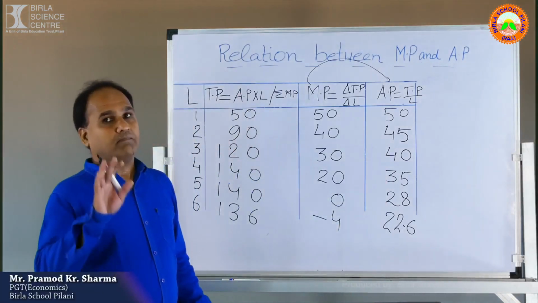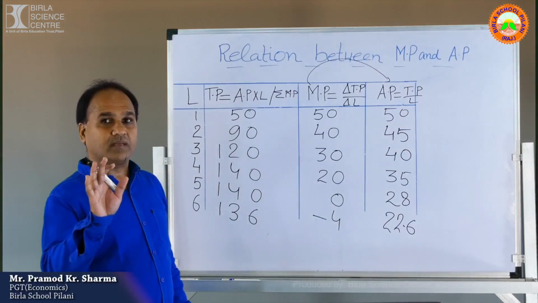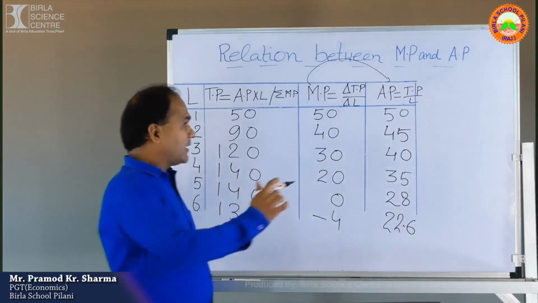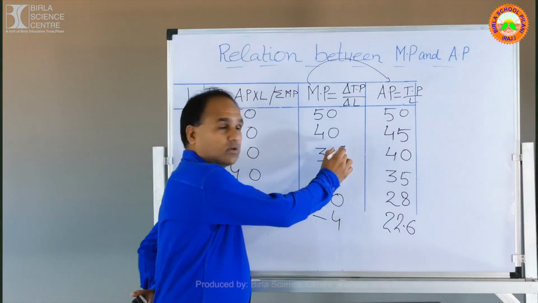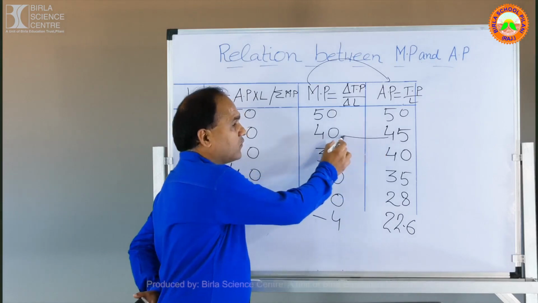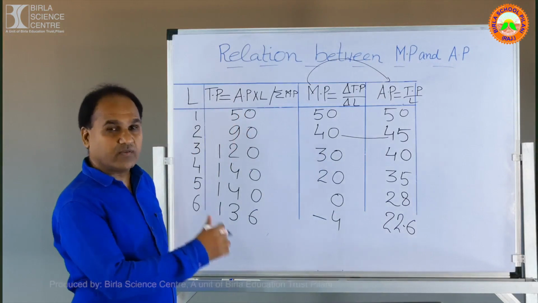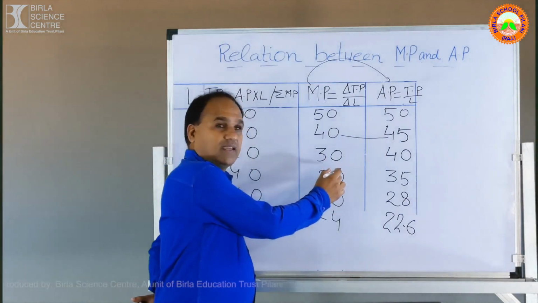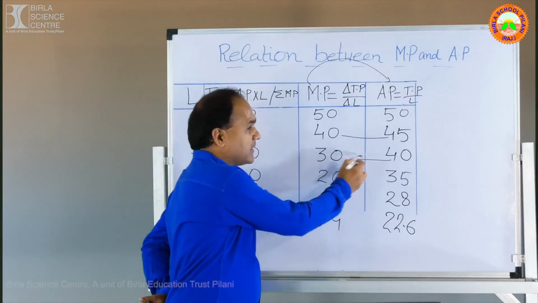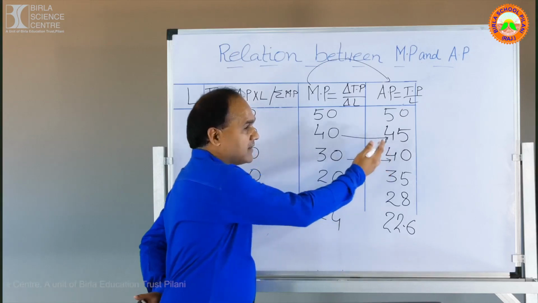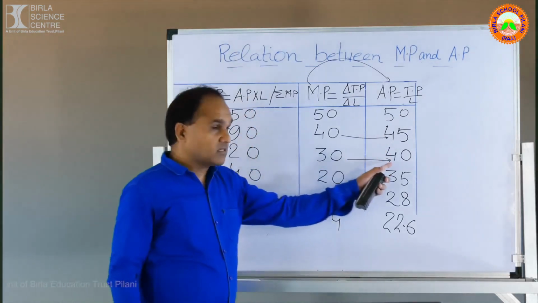Both are falling. But students, look at the comparison carefully. When this value is how much? 40. This is how much? 45. Value is greater. Of which? Of AP. This is 30. This is what? 40. Again just see. When this is 30, this is 40.